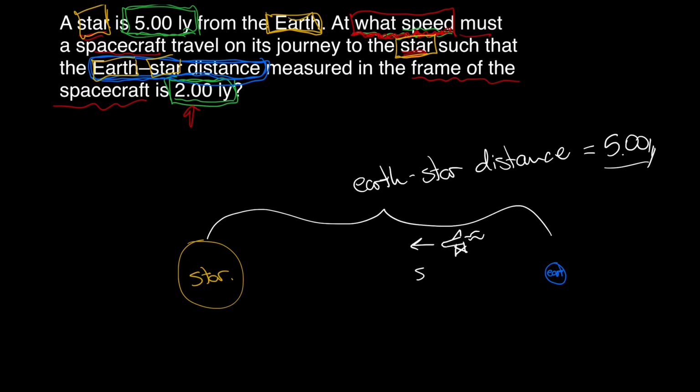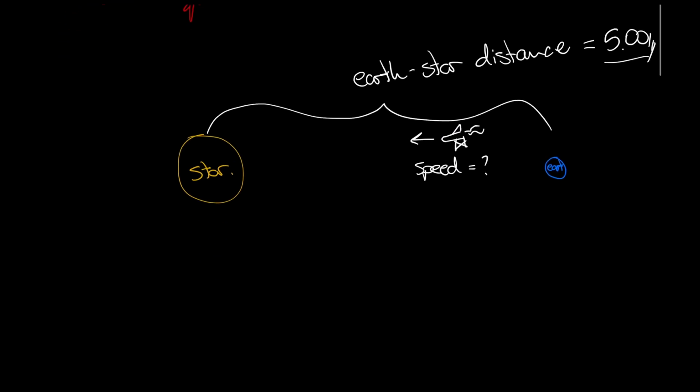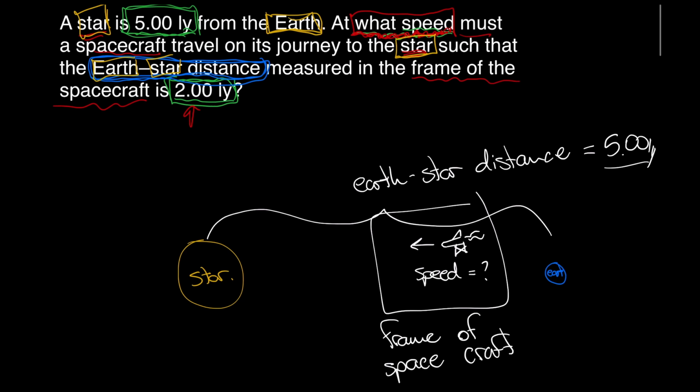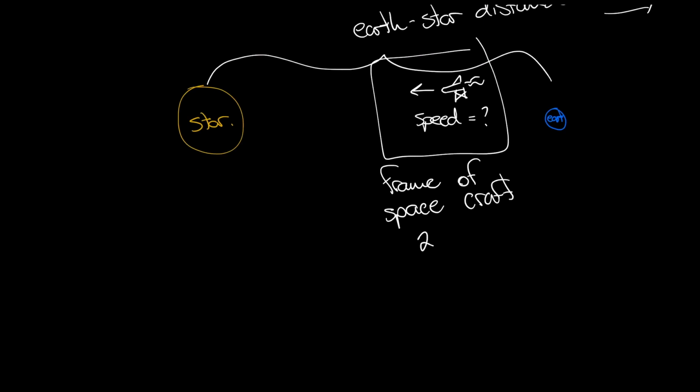At what speed must the spacecraft travel on its journey to the star such that the Earth-star distance measured in the frame of the spacecraft is... okay, so we have frame of spacecraft, 2.00 light years?